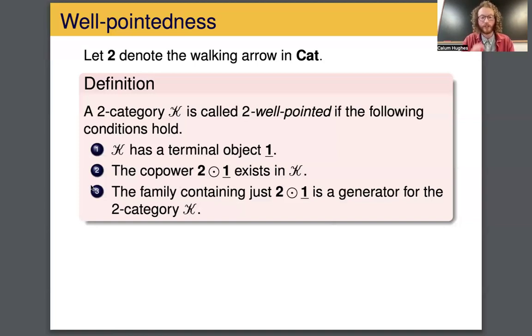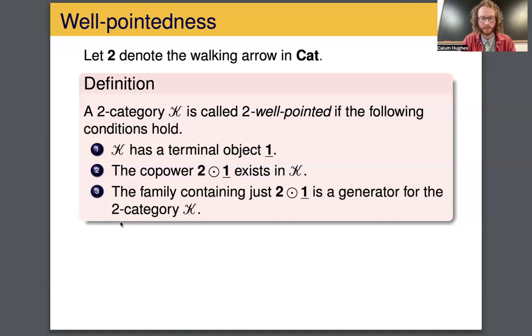And then the third condition that we need is that the family containing this co-power is a generator for the two-category K. A family of objects is a generator for the two-category K if homming out of these objects is jointly faithful.